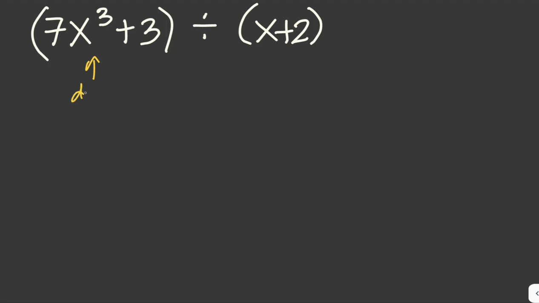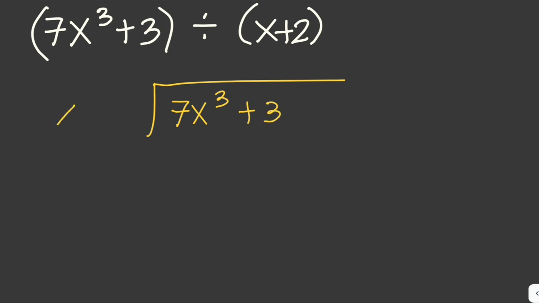So this is our dividend, and this one is our divisor. So let's rewrite that: 7x cubed plus 3 divided by x plus 2.